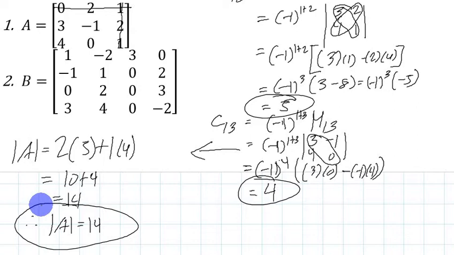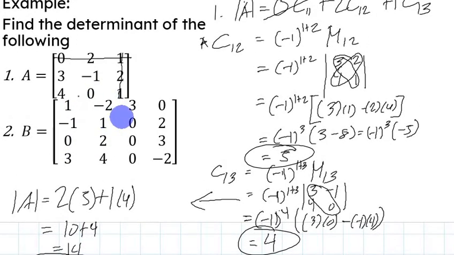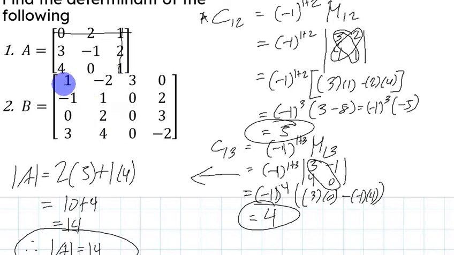Now, before we solve the matrix B, we have to look at our matrix. As you can see, if we're going to find the determinant of this one using our definition, we would have to find the sum of this entry and its cofactors.